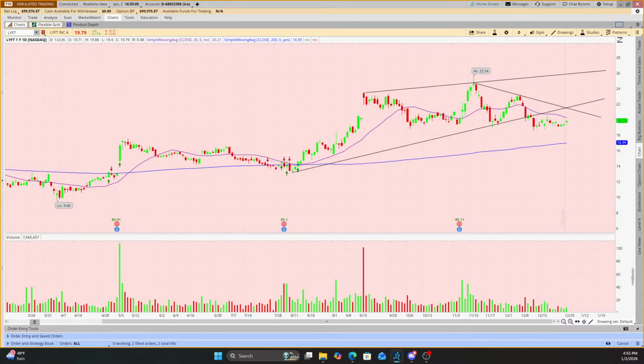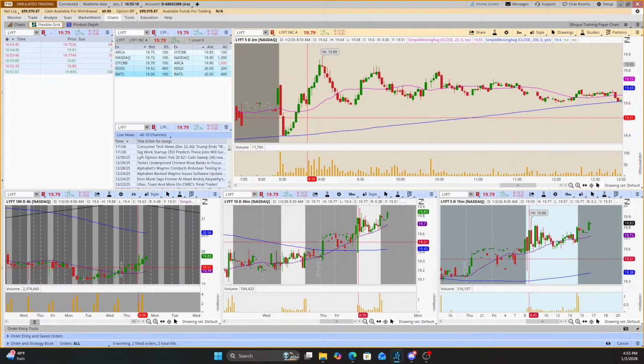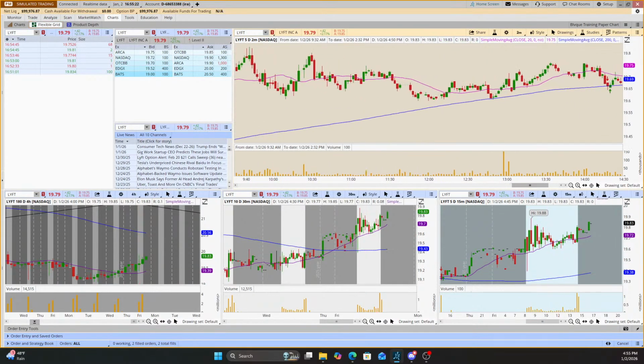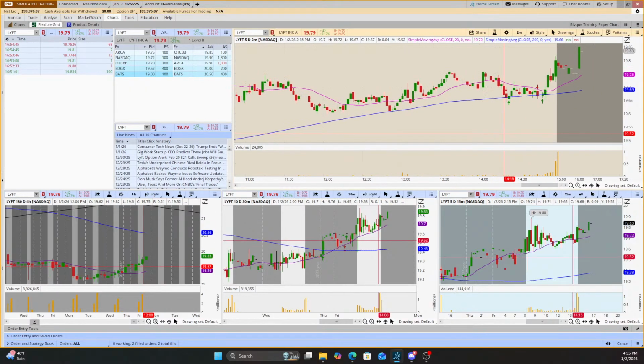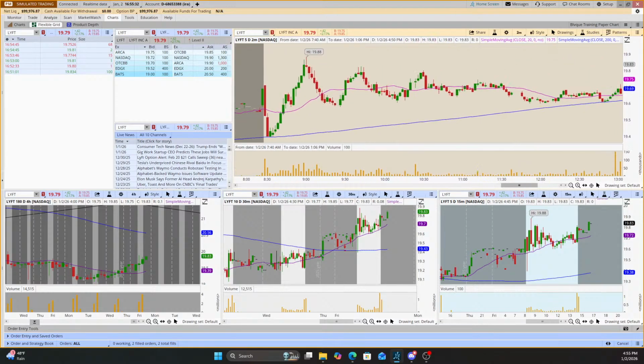Let's look and see what some of the buys were. Matter of fact, let's look at all the places we could have bought. We went about there.